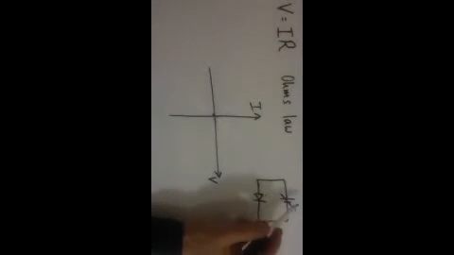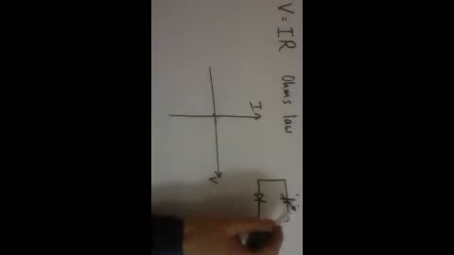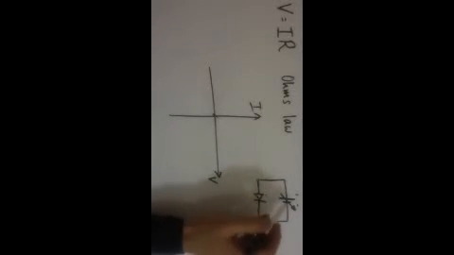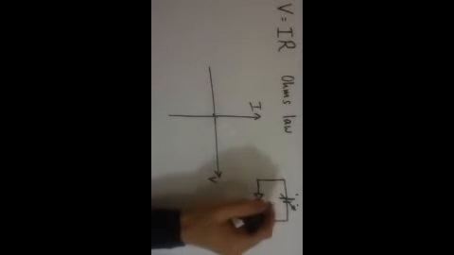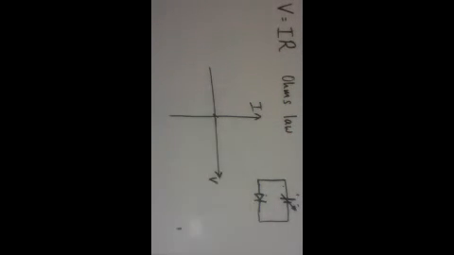Now remember, in a circuit diagram, conventional current goes from the positive terminal. In this cell symbol, the long stick is the positive terminal, and the short stick is the negative terminal. Even though electrons are going that way, conventional current, we say, is going the opposite way. We won't go into why that is in this video, but conventional current goes from positive to negative, and this arrow means it can only go through in the direction of the arrow. So this is set up right.